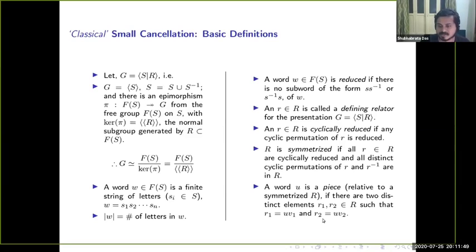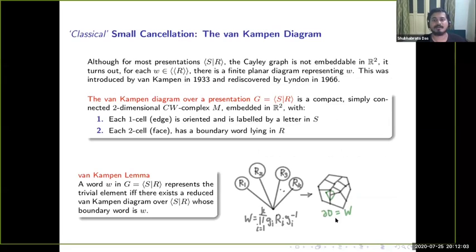If it appears in distinct ways in two distinct relators, we can choose the relators in such a way that they have it as a prefix. It really doesn't matter so much.